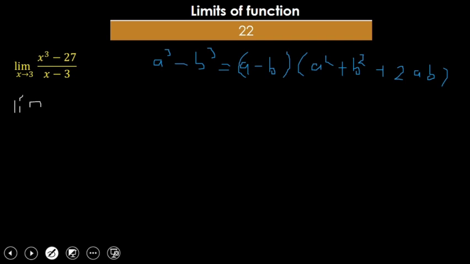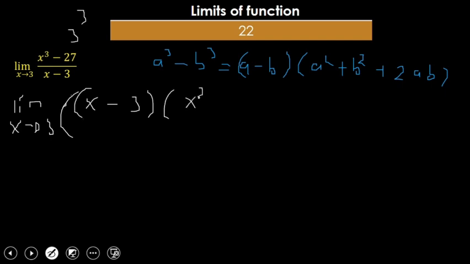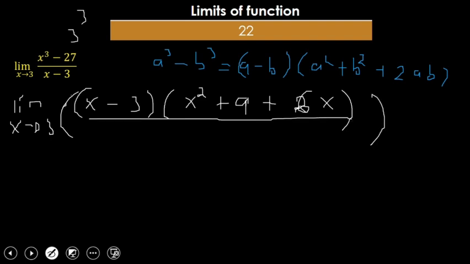Proceeding, let's substitute this technique here. There is limit x tends to 3 of what? A cube, that is x cube, minus 3 cube, b is 3 because 3 cube is 27. x minus 3 times what? x square plus 9 plus 2 times x times 3, that is 6x, all that all over x minus 3.